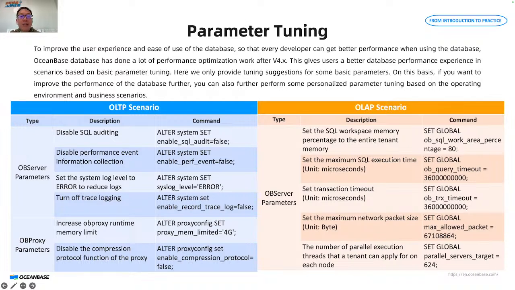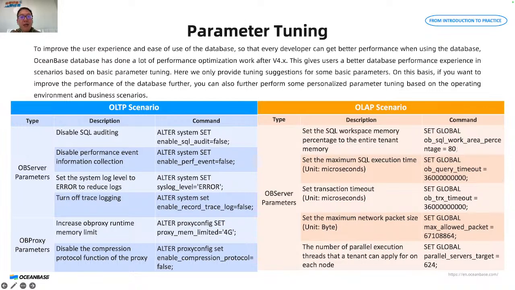For the OLTP scenario, you can see that the OB server parameters mainly make some adjustments for SQL and system daily information collection. The meaning of the parameters is intuitive and clear. We can adjust them as needed, and there will be a more detailed introduction on the OceanBase official website.